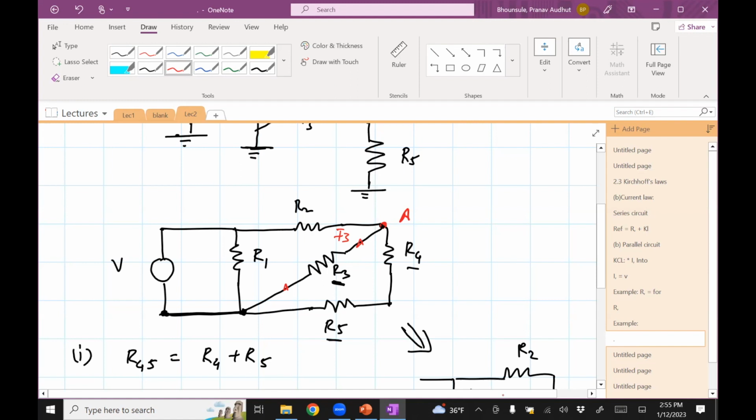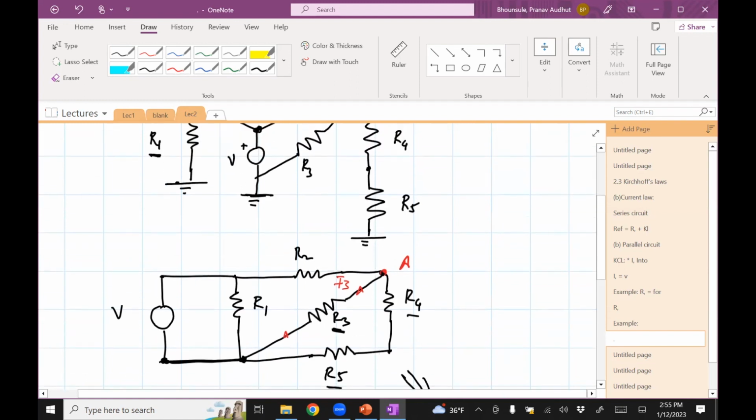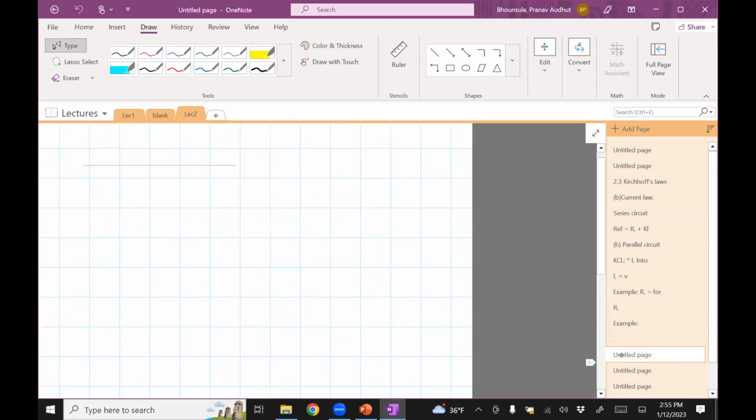We need more than that. So we probably need to compute voltage across R2, and then we need voltage across R3. And then the net voltage, which is applied across this, is going to be VR2 plus VR3. So if we can compute I2, and if you know I3, then we can find V across node A, and there are just many ways of doing this.